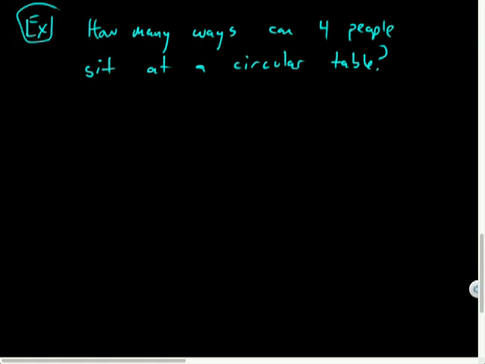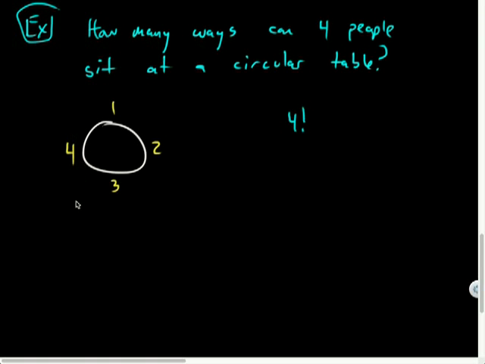So if I've got a table, I could have person 1 here, person 2 there, person 3 here, person 4 there. So that's 4 people being arranged, kind of like 4 factorial. Or at least if they were sitting in a line, it would be 4 factorial ways for that to happen.